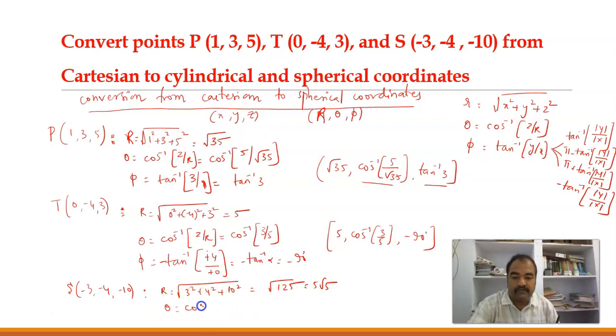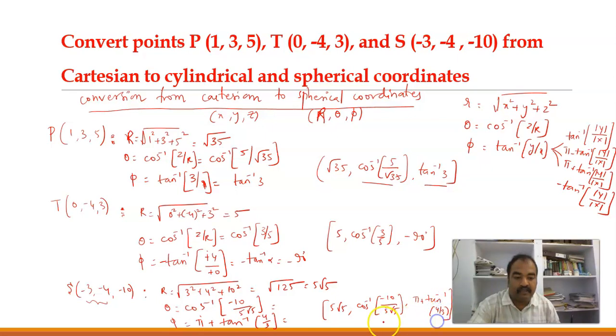It is cos inverse of minus 10 by 5 root 5. You will get some value. And phi, both are negative, so you will get pi plus tan inverse of 4 by 3. So the value is 5 root 5, cos inverse of minus 10 by 5 root 5, and pi plus tan inverse of 4 by 3.